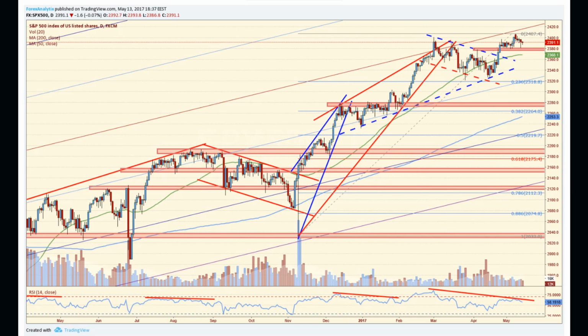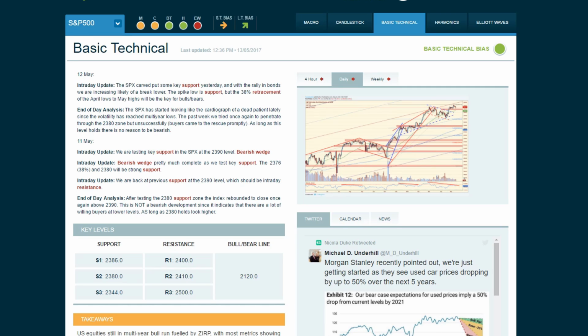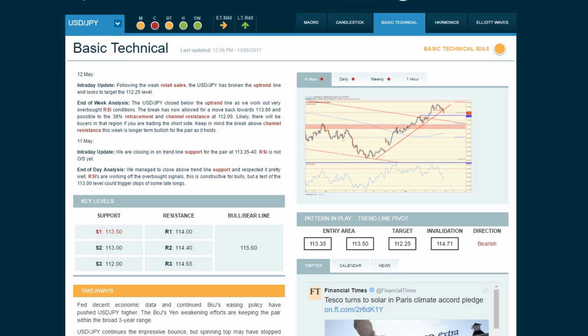You can see the support roughly around 2380. That's going to be important support for the stock market. If that breaks, we might see further bond market strength, and we could see dollar weakness as a result. It might come through the dollar yen, which tends to be the most affected of the dollar pairs with a weakening of yields, and a strengthening of the bond market.